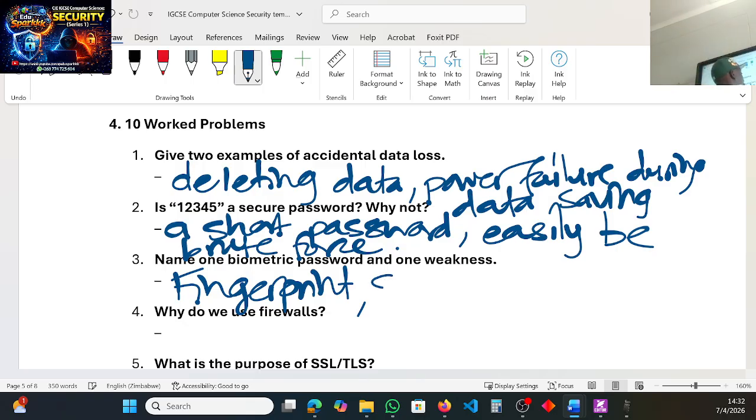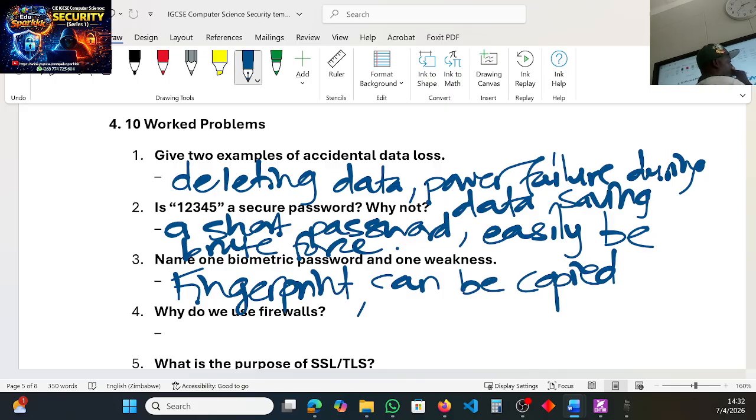Well, it can be copied, because like I was saying earlier, there are high power computers being developed nowadays, which can do some rigorous trials until the correct match is attained.